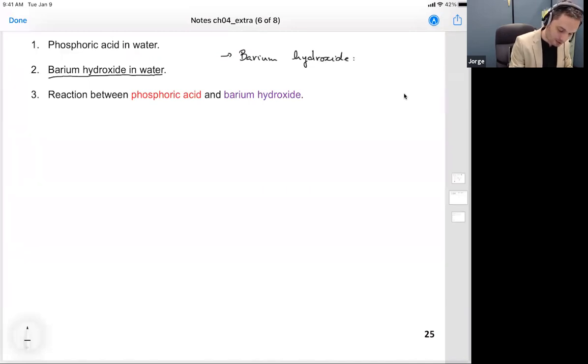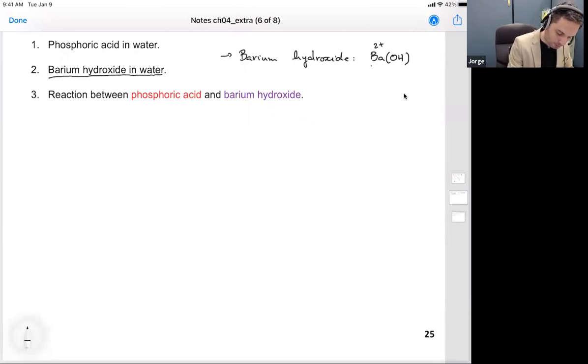For bases, the first element is followed by OH. The number of OH units present in the formula is going to be exactly equal to the magnitude of the positive charge of the cation.